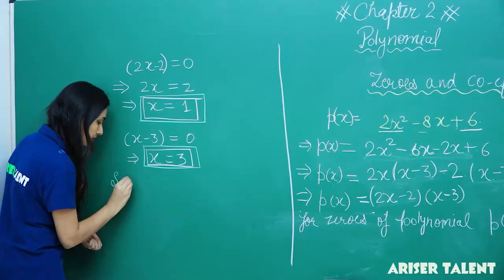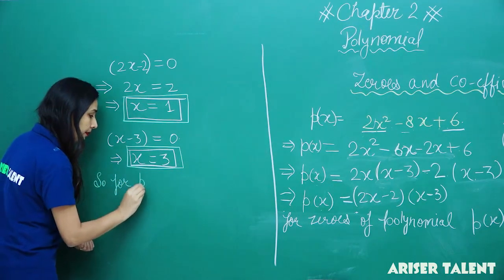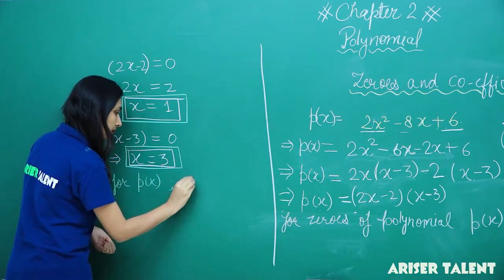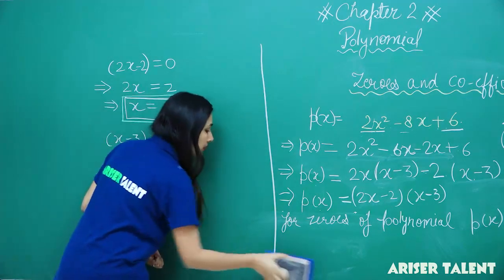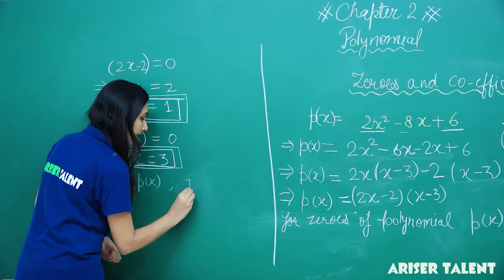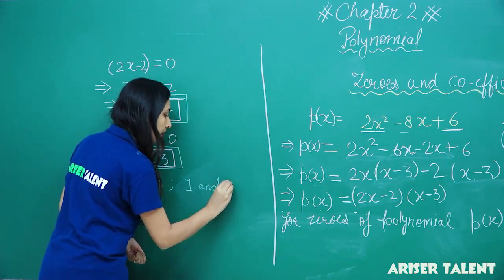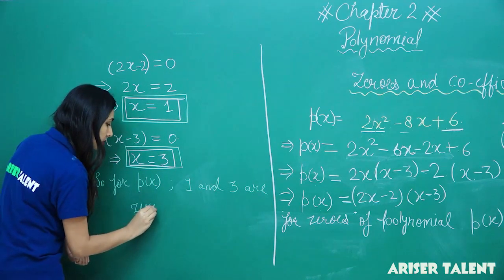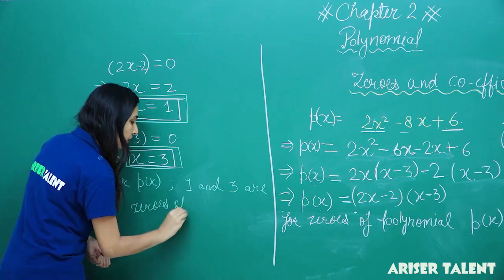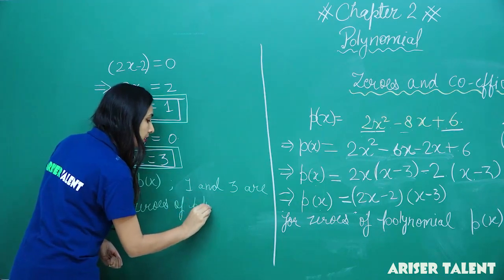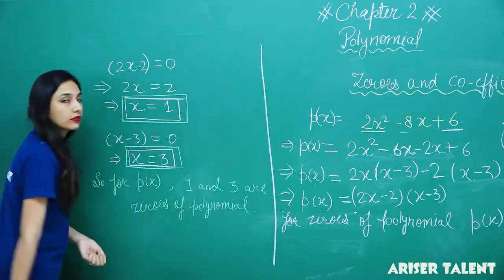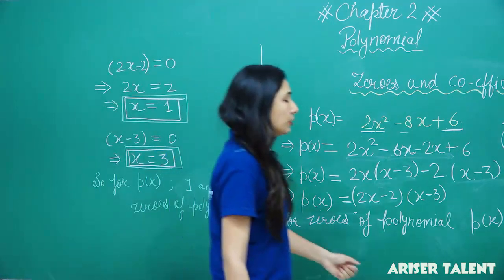So, for the polynomial of x, 1 and 3 are zeros of the polynomial. Okay, note it down.